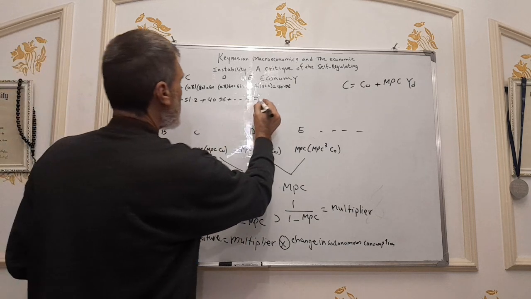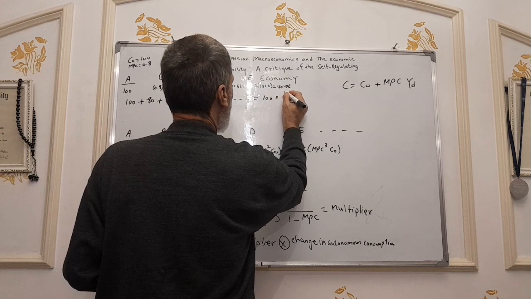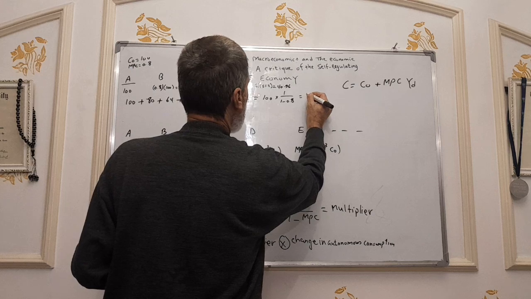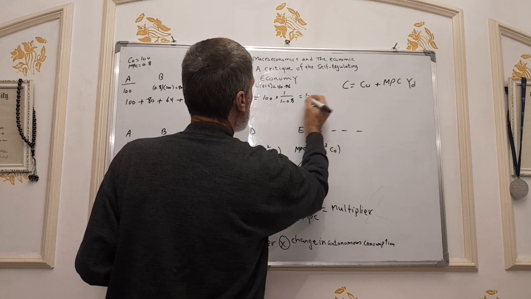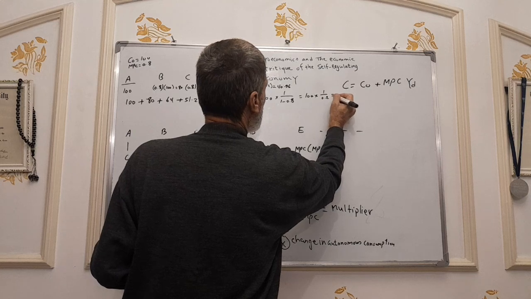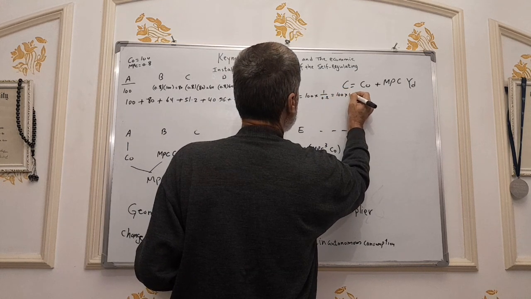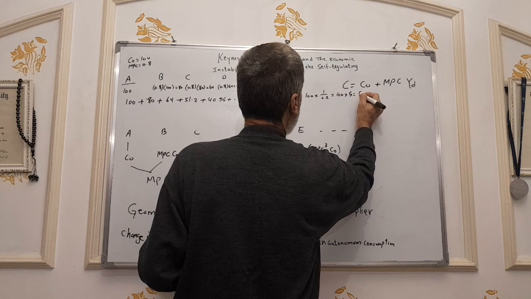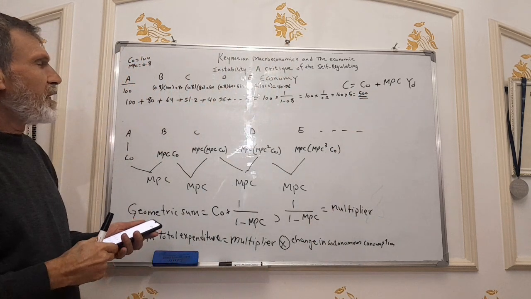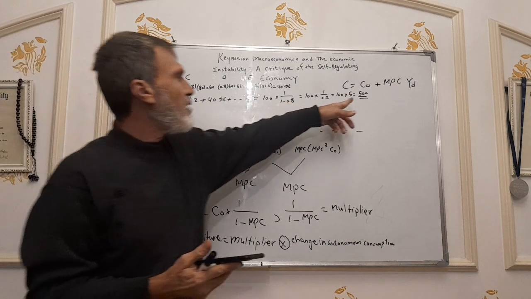So here we can find this, and this is equal to 100 times 1 over 1 minus 0.8, which is 100 times 1 over 0.2, which is 100 times 5, which is equal to 500. So eventually the geometric sum over here is going to be 500.